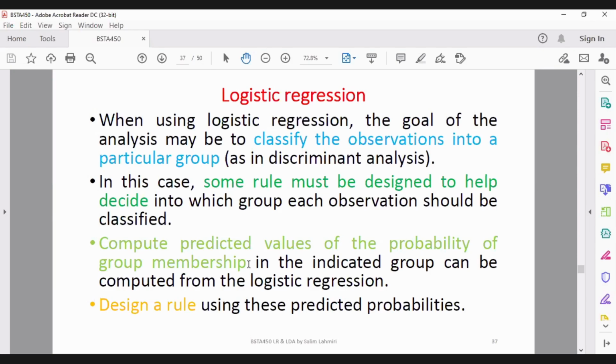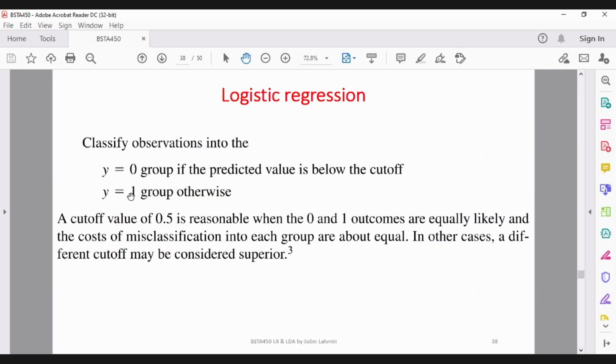This decision rule corresponds to a threshold C, a cutoff. Logistic regression classifies an observation into the y equal to 0 group if the predicted value is below the cutoff, and the y equal to 1 group otherwise. A cutoff of 0.5 is popular because it gives equal chances to both groups, to have balanced observations.